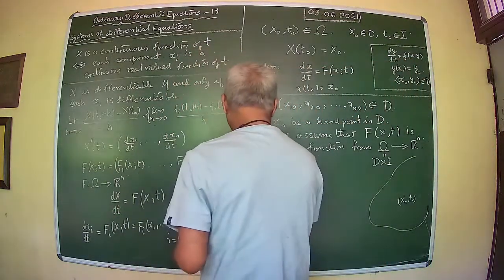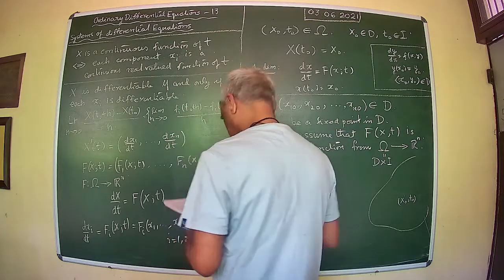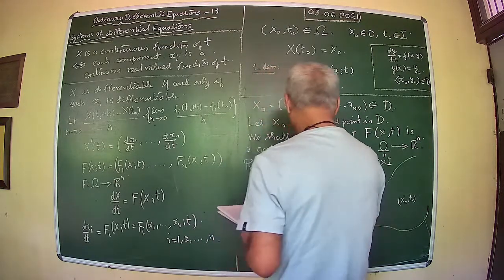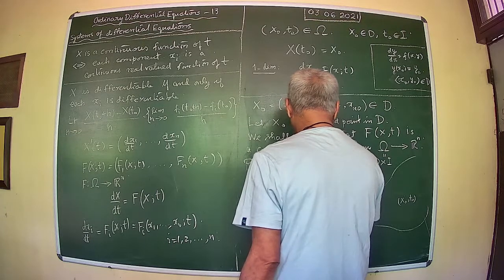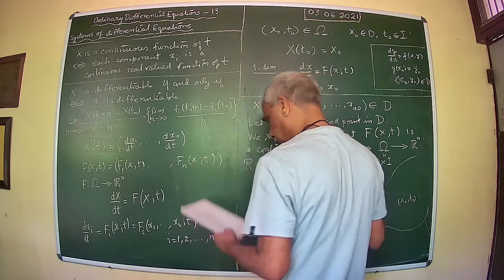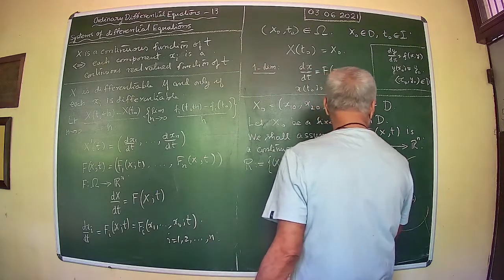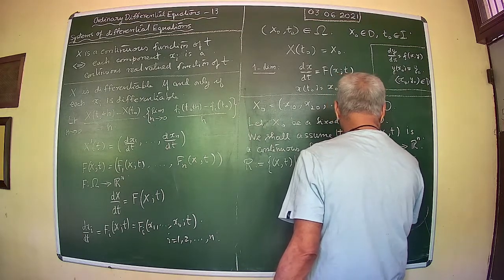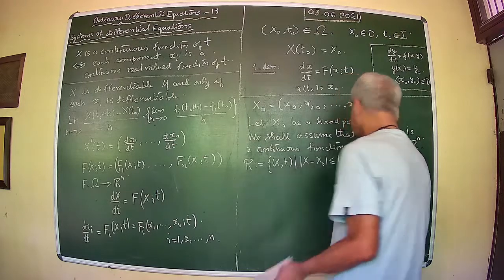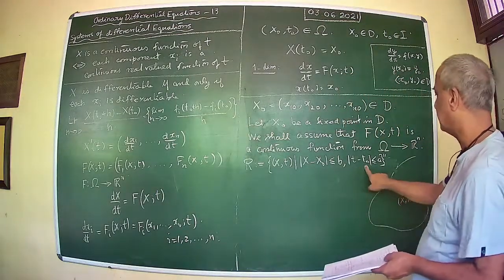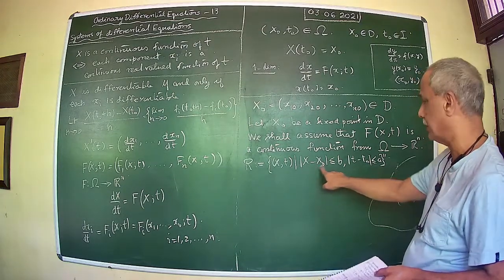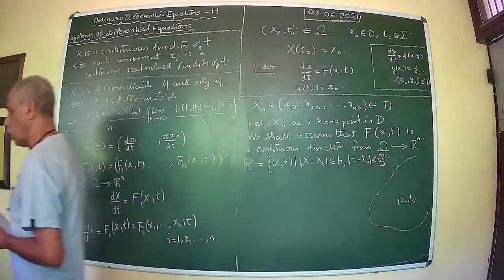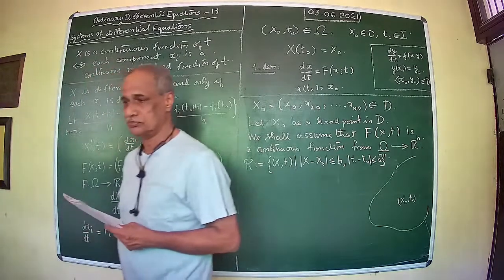Let me denote by R the set of all points (x, t) such that the norm of x minus x naught is less than or equal to B, and the modulus of t minus t naught is less than or equal to A. We had x minus x naught less than or equal to A, y minus y naught less than or equal to B. So it is the same thing, except that we have now replaced mod by the appropriate norm.